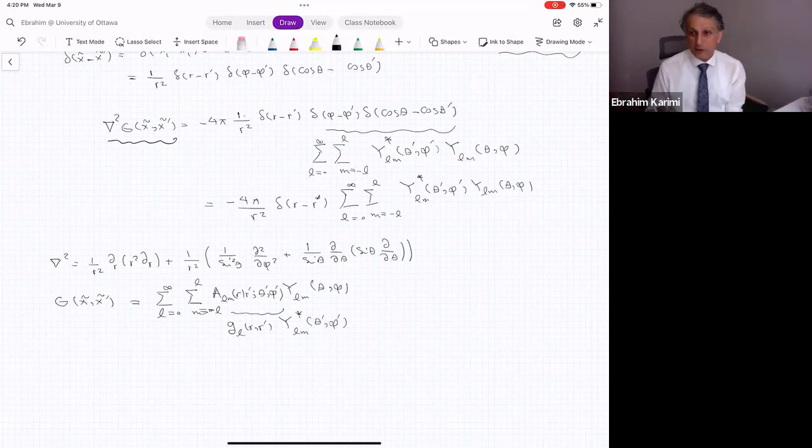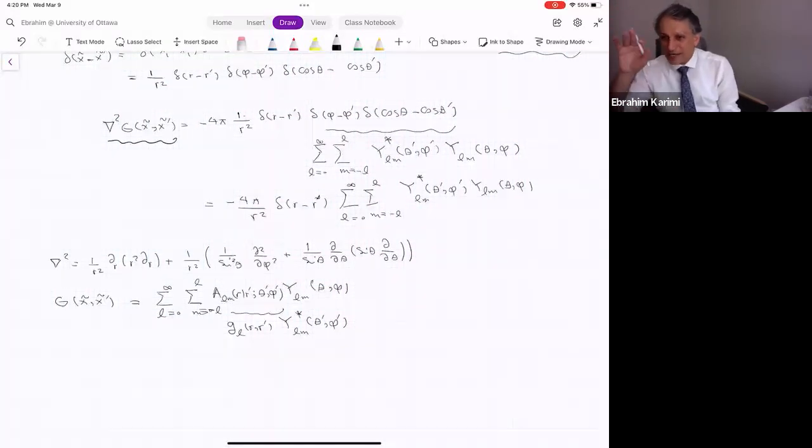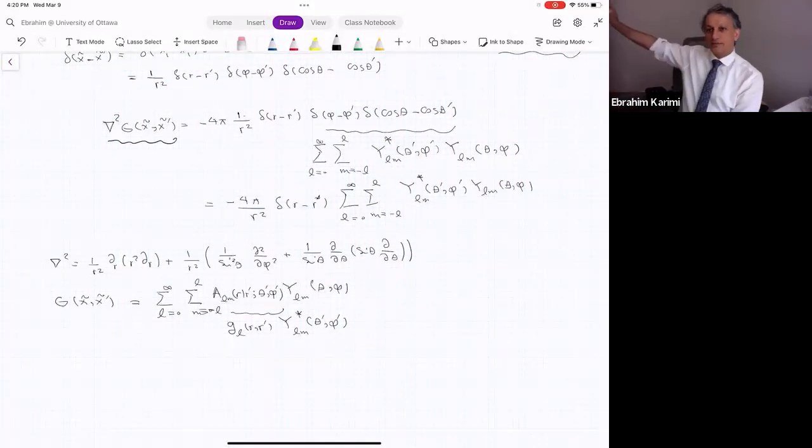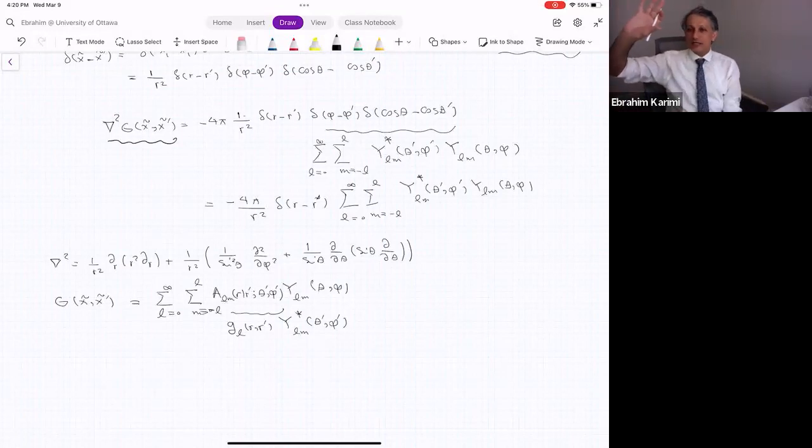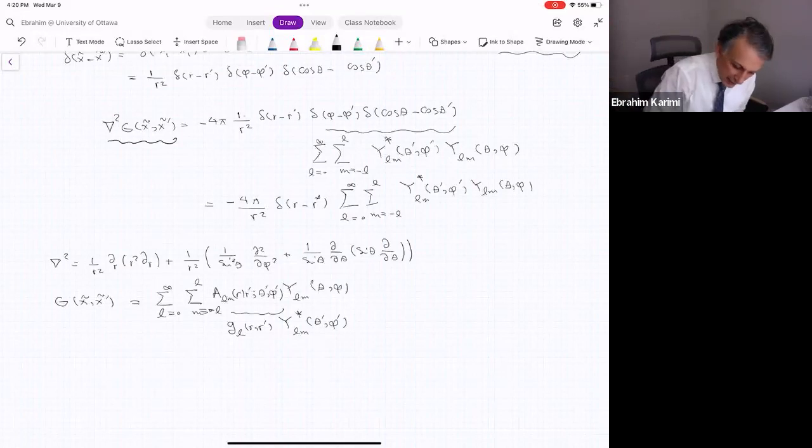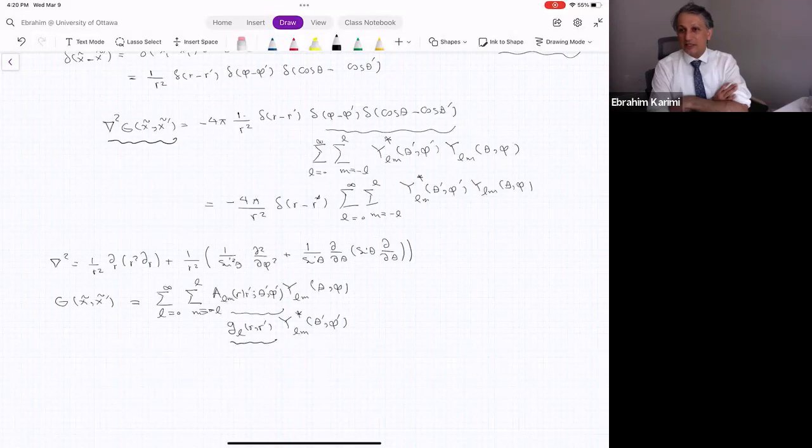If you remember, if you did the expansion of cosine of gamma or PL of cosine of gamma, then what you get in terms of expansion coefficients was just YLM of theta and phi times YLM star of theta prime and phi prime. The only difference here is that you have an additional functionality, which is a function of r and r prime, and that depends only on L, not m. Okay?